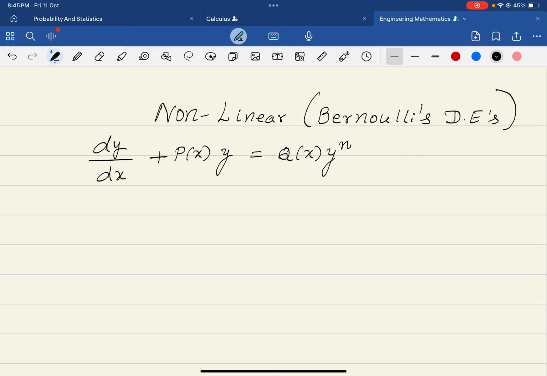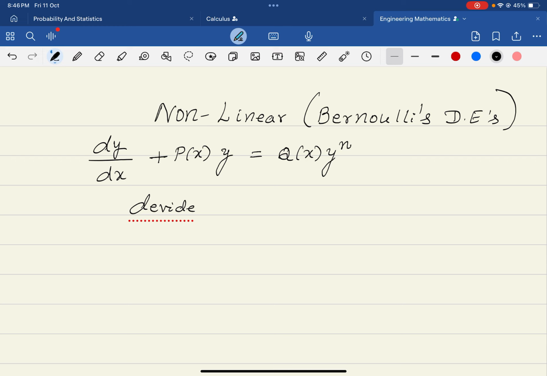The standard form of the nonlinear Bernoulli's differential equation is given by dy by dx plus p of x into y is equal to q of x into y power n. Strategically, we always divide the equation, because the linear equation doesn't consist of y power n, right?